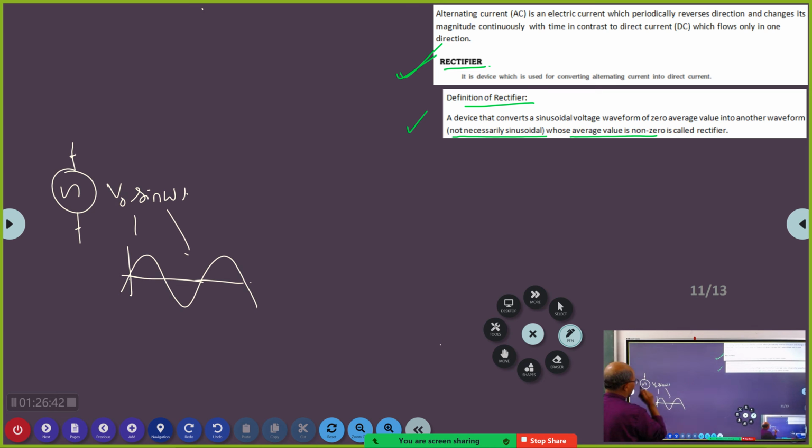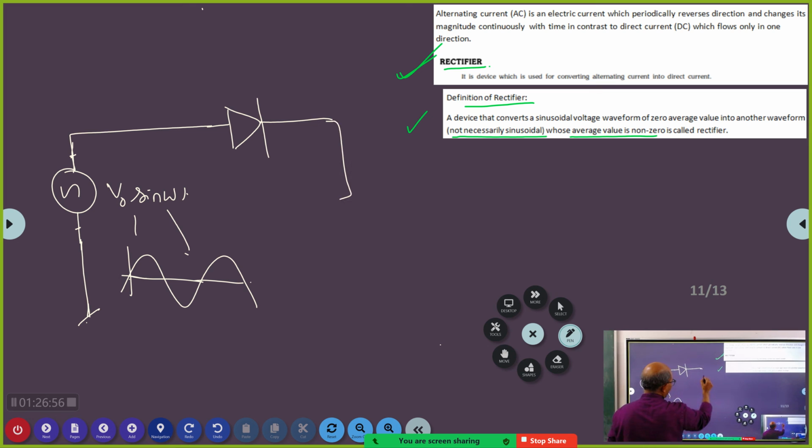Now I am going to take this waveform, this signal, and send it through a diode and through a load.